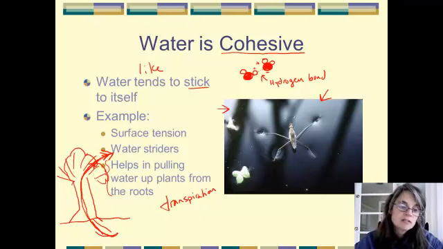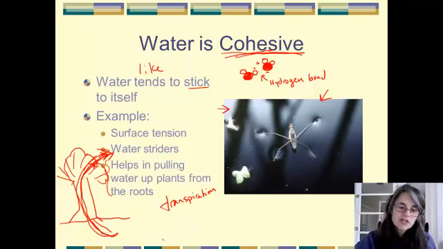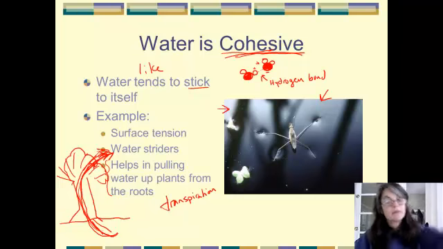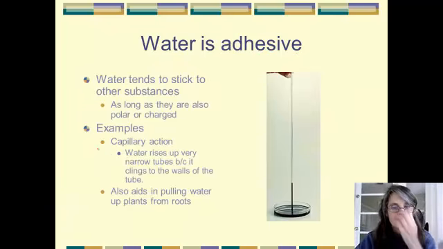And so we keep a constant flow of water moving through plants because water is cohesive, okay? It sticks to each other. The little water molecules hold hands and they pull each other up a plant like a choo-choo train. This is really important because otherwise water is having to defy the force of gravity. Gravity's pulling water down a plant. But in this way, because of water's cohesive nature, when it evaporates, it just gets pulled right up the plant. So that's really, really important.